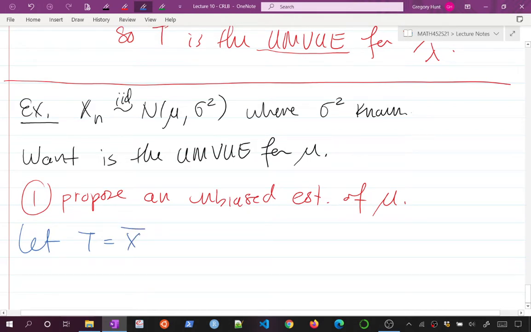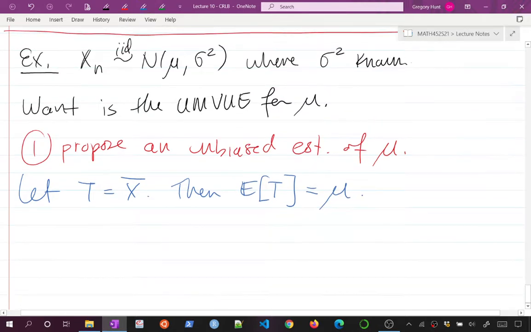The mean width is x bar. So if we let T be x bar, then the expected value of T is mu. We've shown that to be true, right? And so x bar is unbiased for mu.